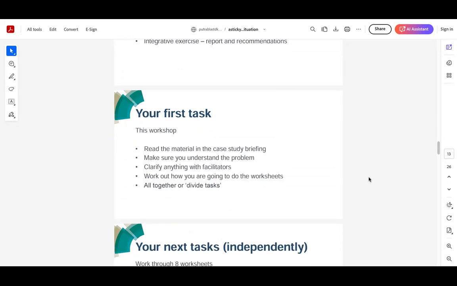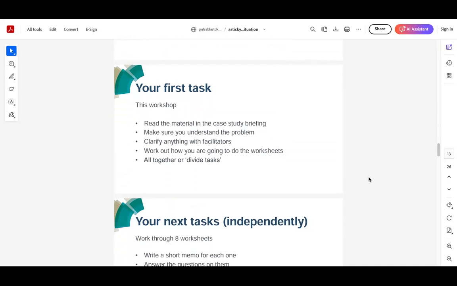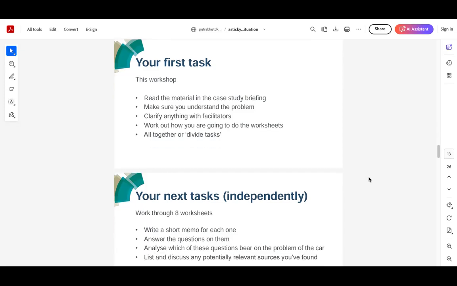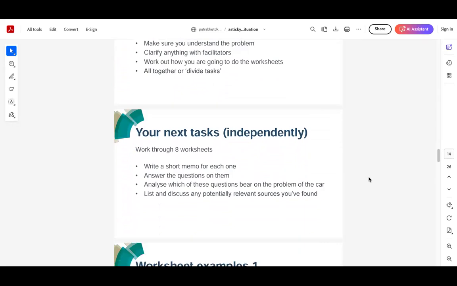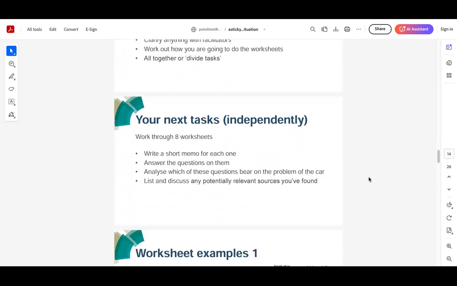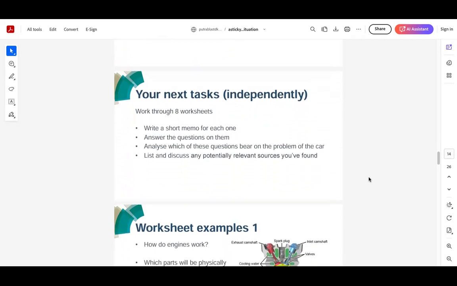Work out how you're going to do the worksheet, all together or divide tasks. You have your group members, probably 5 to 6 of you. You can divide, or you can just sit together and read everything together. It's up to you. Then answer the questions, analyze which of these bear on the problem of the car, and list and discuss any potentially relevant sources you have found.